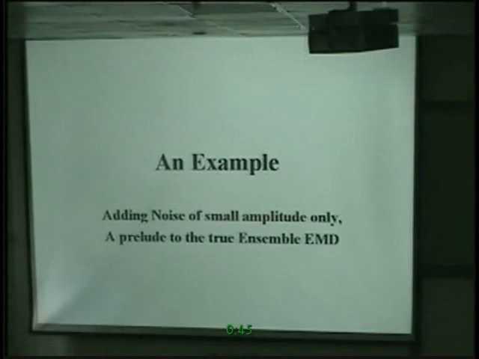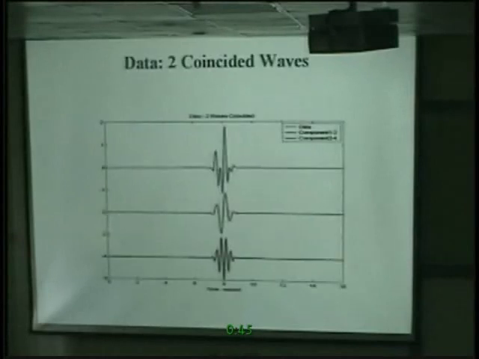Here is an example of low level noise. I have two waves. If I have this wave plus this wave, these two waves propagate together and combine into this wave. If I give you this data, can you decompose it and get back to the two waves? Most likely you cannot.